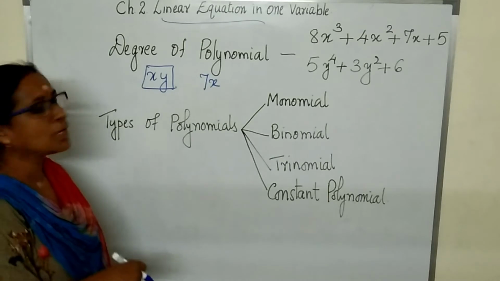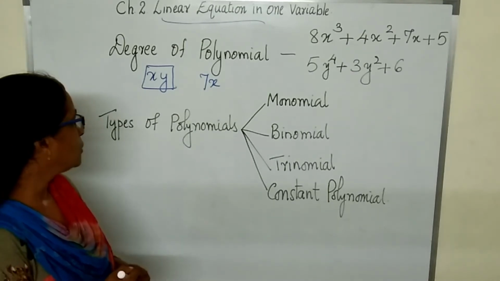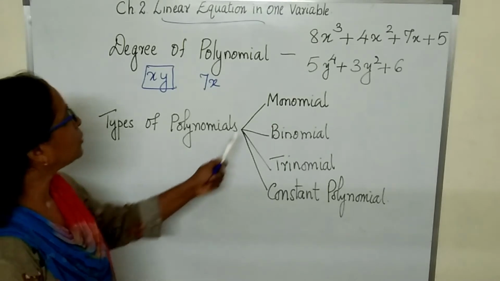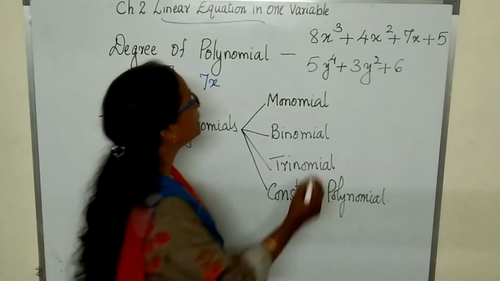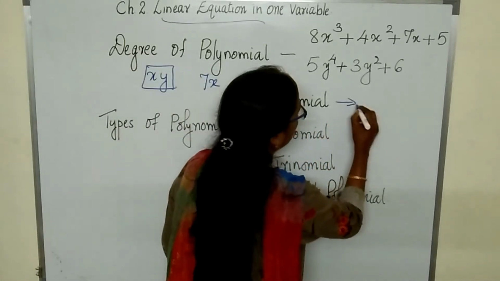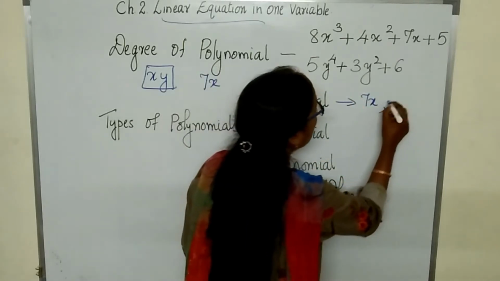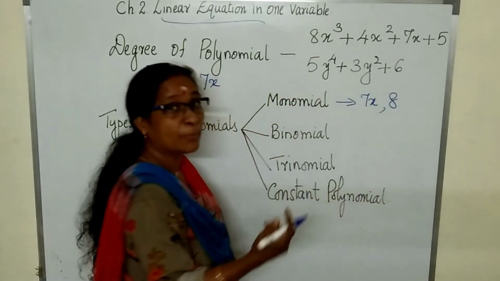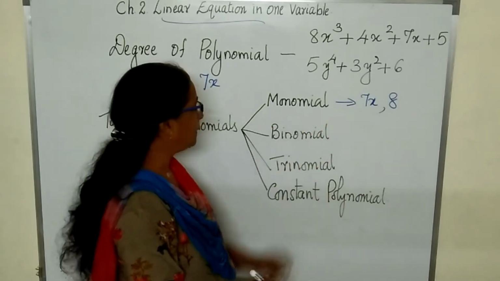Again it is a single term. Sometimes there will be two terms. Okay. So if a polynomial has only one term like this, it is called a monomial. Examples we wrote just now, 7x, or if you write simply 8, that is also a polynomial with a single term which is called monomial.